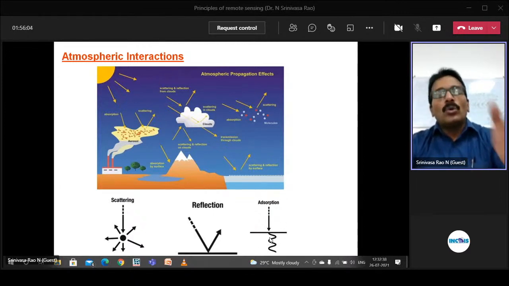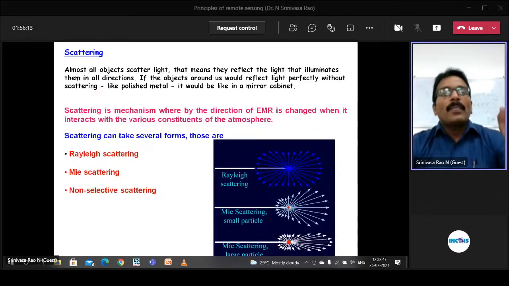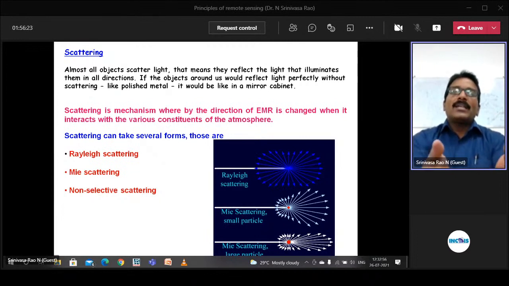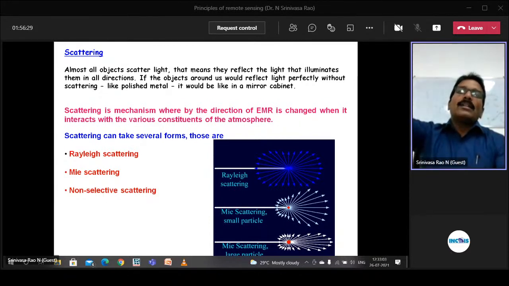Now, for the scattering mechanism, we notice three kinds of atmospheric scattering: Rayleigh scattering, Mie scattering, and non-selective scattering. The energy from our target, after emission or reflection, enters the atmosphere, and from the target to the sensor the signal carries important information in the form of light or radiation.